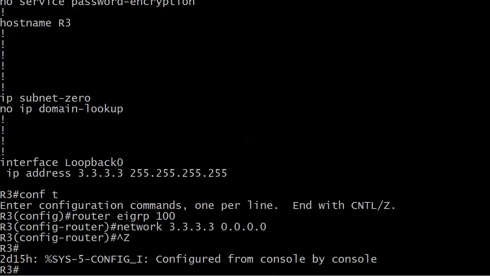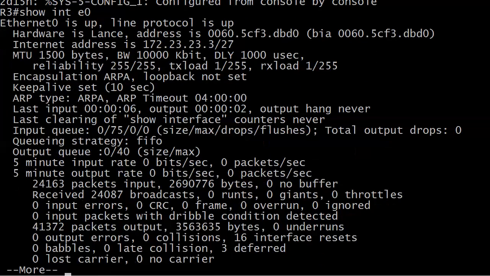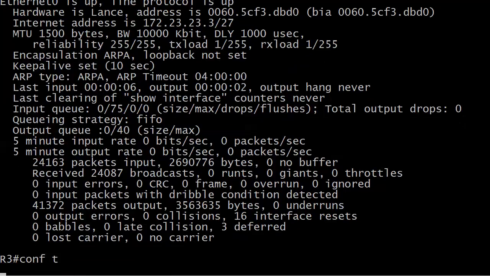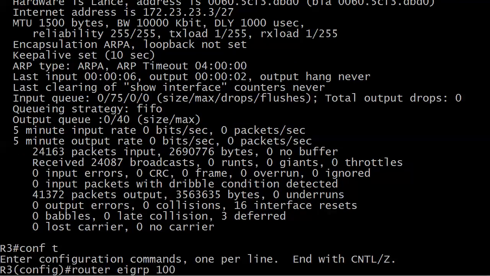Let's go ahead and put the Ethernet segment in there while we're at it. And we had a /27 mask on that particular interface. /27. If I want to tie that down with a wildcard mask, what's the mask going to be? What is the wildcard mask going to be?